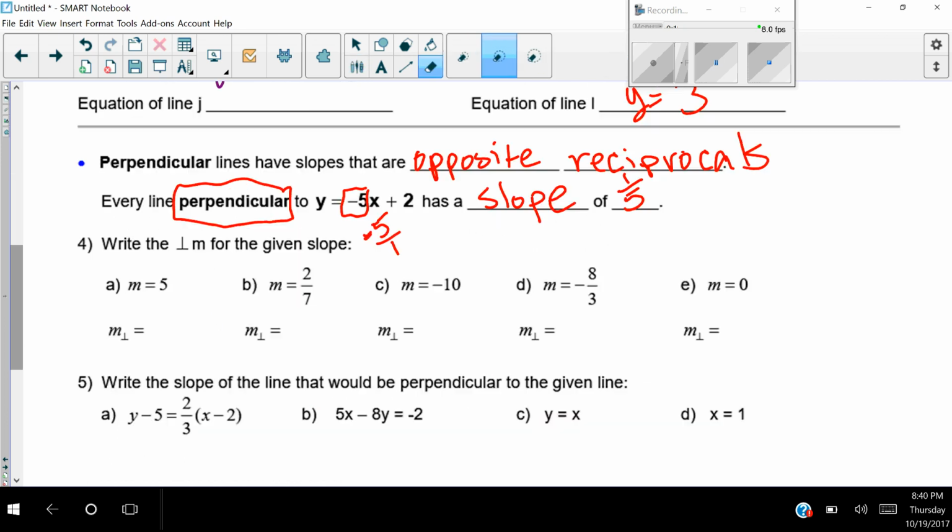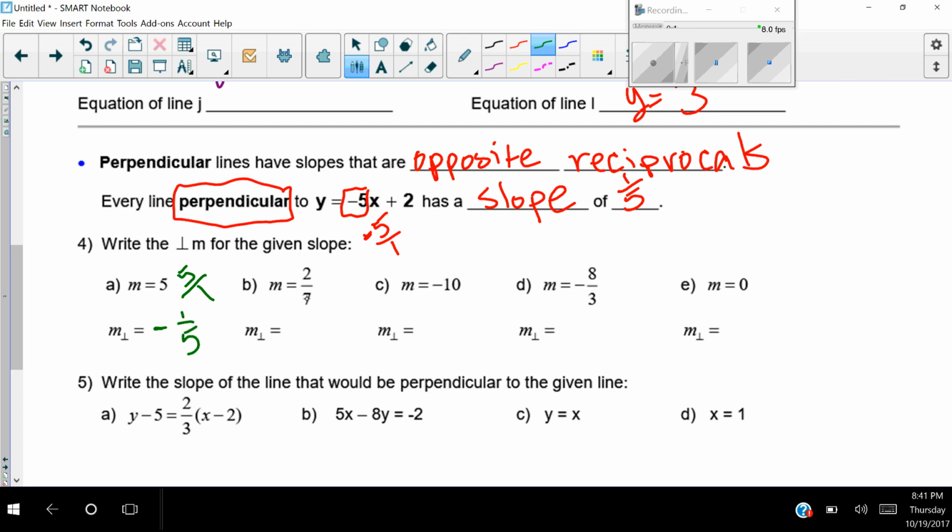Okay. Number 4 says write the perpendicular slope for the given slope. The perpendicular for positive 5, remember positive 5 is the same as 5/1. So we're going to make it the opposite, which means make it negative, and then it was 5/1, so the reciprocal is 1/5.